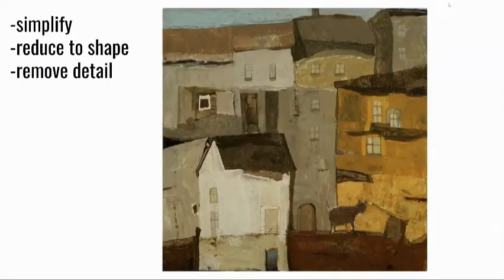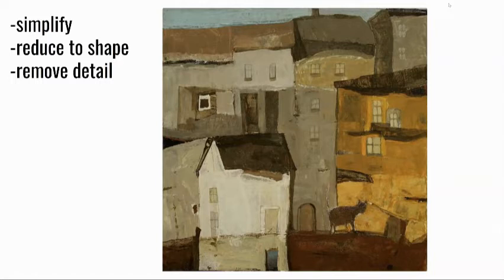Here's an example where the artist has flattened the scene. So the artist is not so concerned with creating a deep sense of space anymore. It's almost like all these buildings are being represented on the same plane. Very interesting. Notice the loose brushwork.